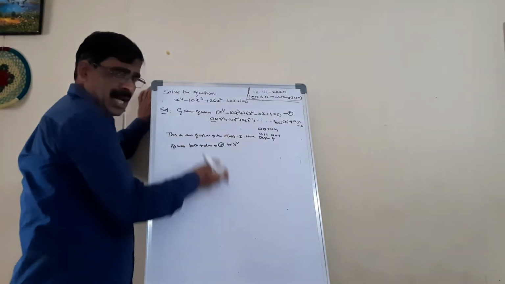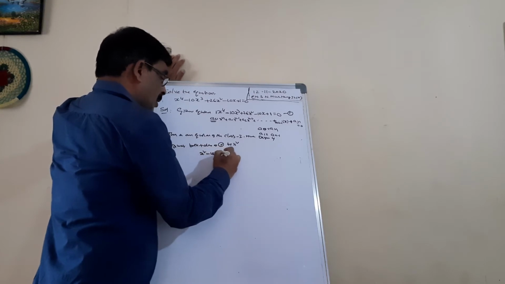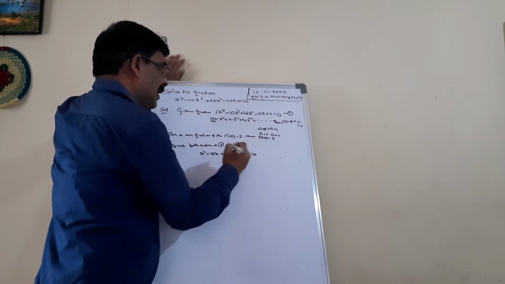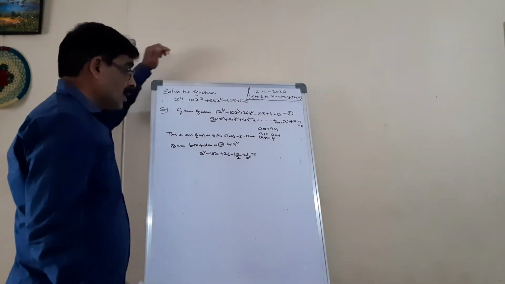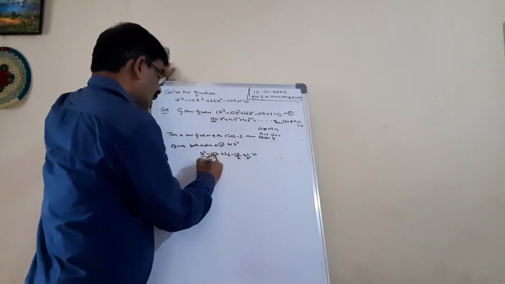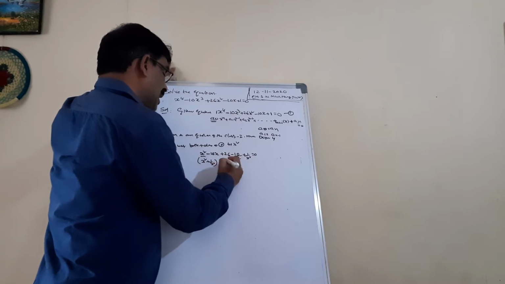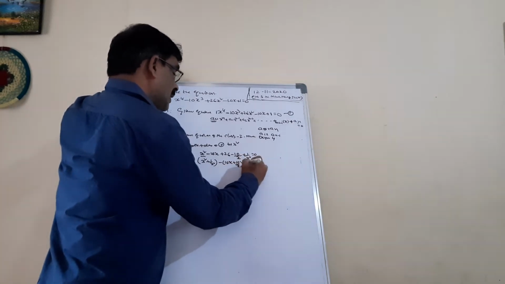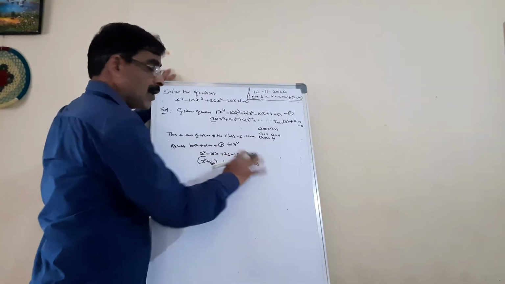What happens? x to the power of 4 by x square means x square, minus 10x, plus 26, minus 10 by x, plus 1 by x square equal to 0. Here the x square term is there, and here also x square, of course in the denominator. Write x square plus 1 by x square in a bracket, take 10 common from minus 10x minus 10 by x, and the remaining term is 26. Five terms are there.